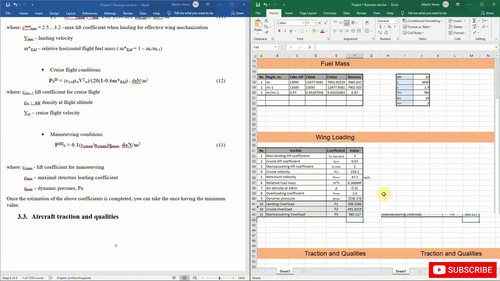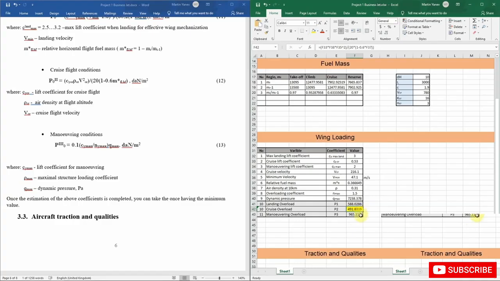That's it. And this is going to be equal to 965 daN per meter squared, which is very high, so this means that we're not going to get so much overloading in that case. And obviously here the cruise flight overload is the most significant, so this is the value we're going to take. I will just mark it in yellow so you can recognize which value we're choosing for the overloading.